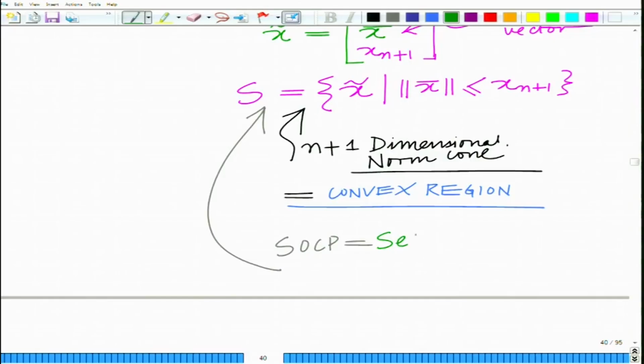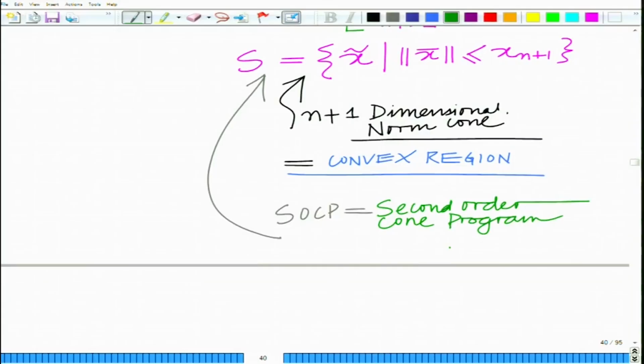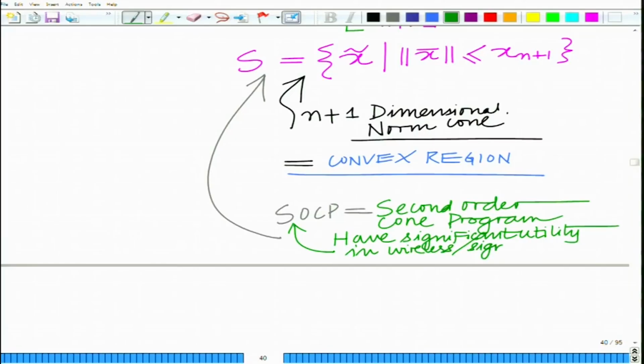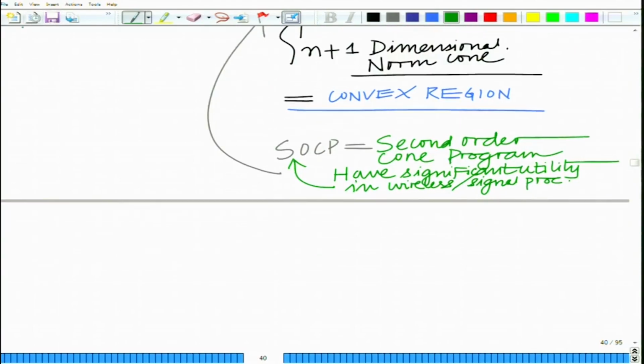These are second order cone programs that have conic constraints, and they have significant utility in the context of wireless communication and signal processing, especially in the context of robust signal processing, similar to what we have seen previously in robust estimation.